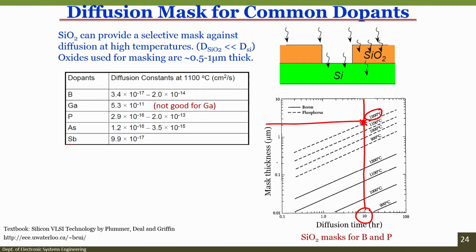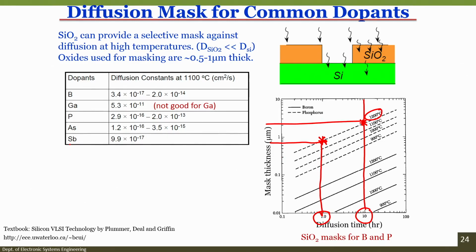I require close to 1.5 micron or close to 2 micron silicon dioxide. However, if I want to diffuse the phosphorus at 1200 degree centigrade inside a silicon wafer for 1 hour, then I want a silicon dioxide which is close to 0.8 micron thick.